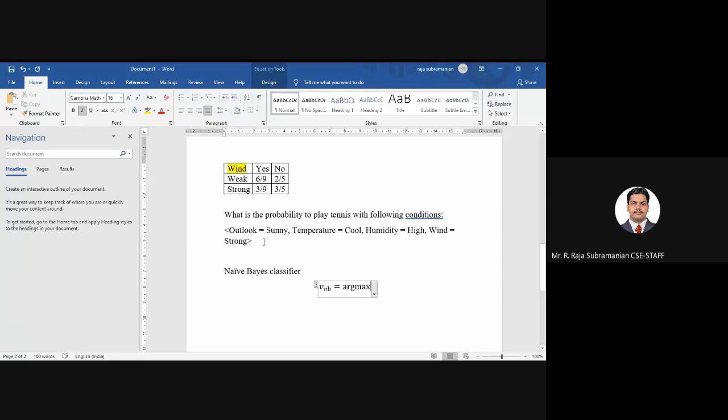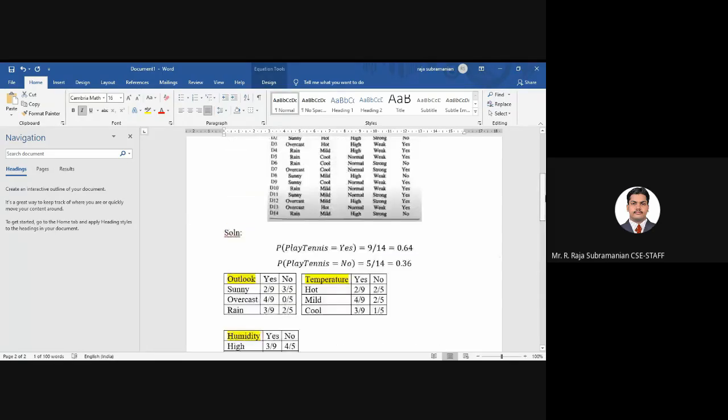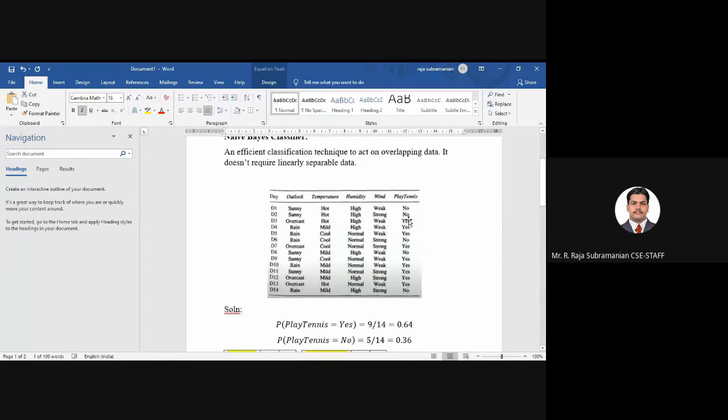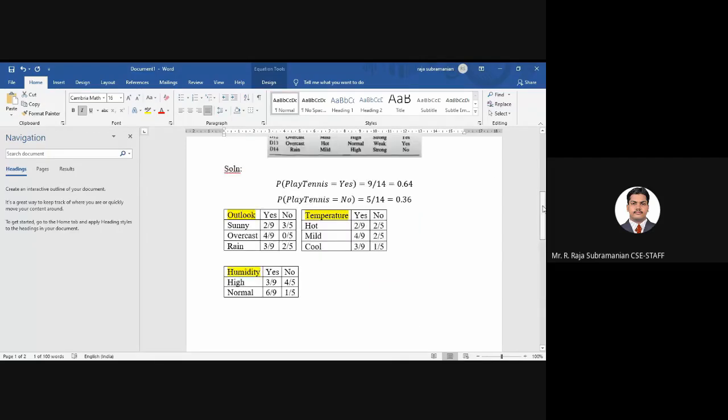Outlook can have 3 values: sunny, overcast, rainy. Temperature can be hot, cool, medium, or humidity can be high, normal, like that. So how many arguments it is having at maximum, and it will be the output variable. If I need to do the classification for output, I have only 2 values: either yes or no.